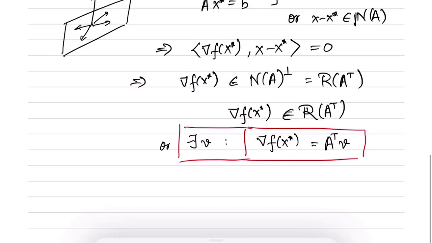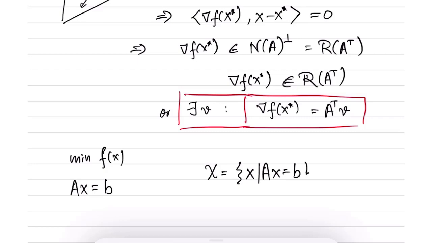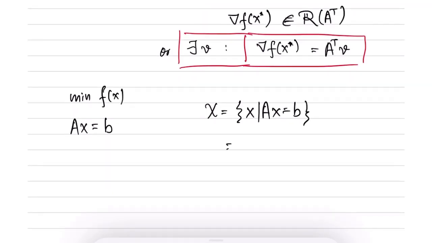We can derive this condition in another way also. So let's derive it in another way. If you recall, for any problem of this form where the constraint is Ax equal to b, we have already said that this calligraphic X, which is written as the set of all x such that Ax equal to b, can also be written as the set of all Fy plus x naught, where y belongs to R to the dimensionality of the null space of A. So this is an alternative representation.